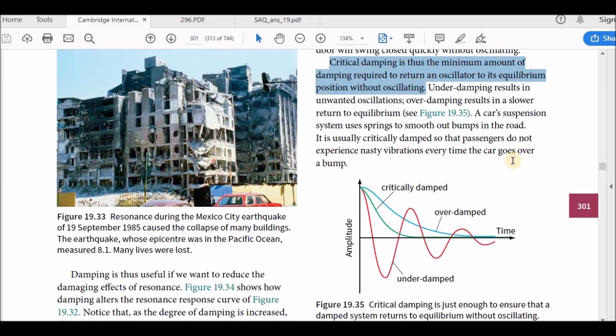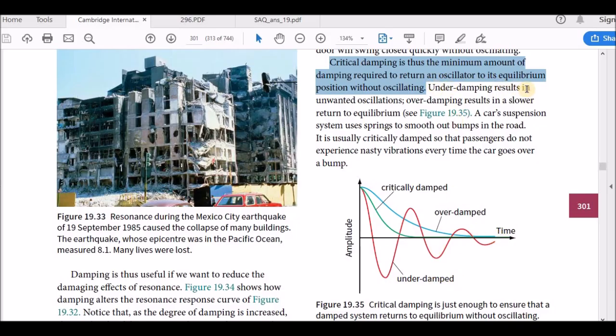But if it's overdamped, then the people inside the vehicle will feel the shock. It will be uncomfortable. Okay, because once it goes over a pothole, it takes a longer time for it to come to the horizontal position. But if it is critically damped, once it goes over a pothole, it will come to the horizontal position at the right time, at the right speed, so that the passengers don't feel uncomfortable.